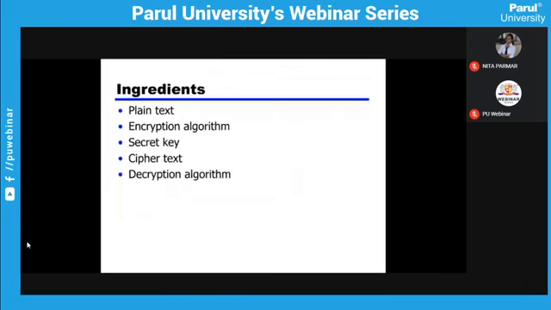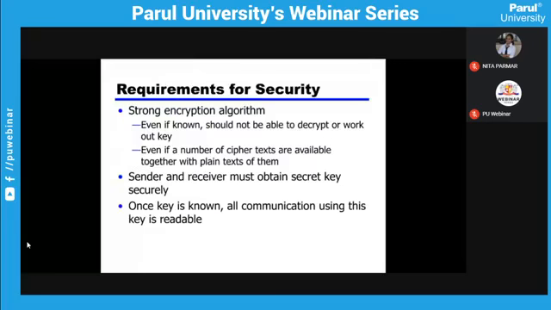So there are basically five components: plain text, then the encryption algorithm comes into the picture, and using a secret key, the plain text is converted into ciphertext, and at the receiver side, the decryption algorithm needs to be performed. So what are the requirements for this much security and this much concern? A strong algorithm should have these characteristics.